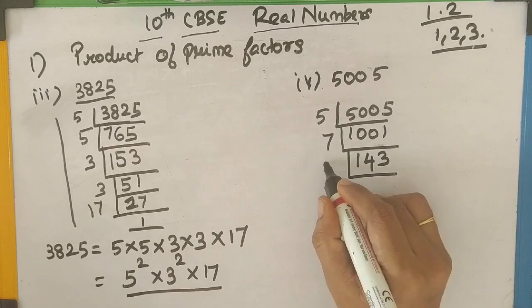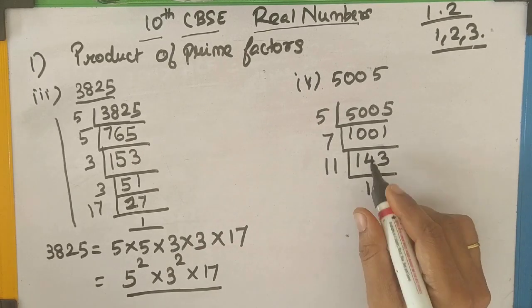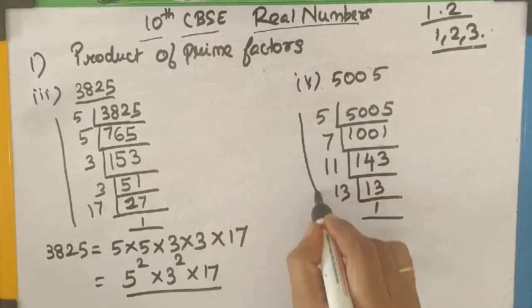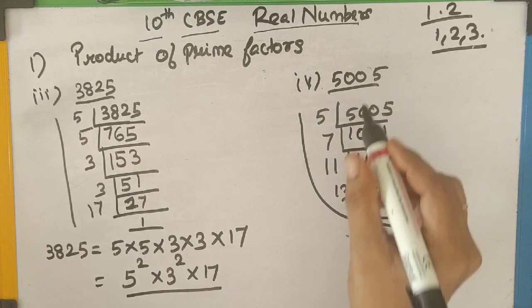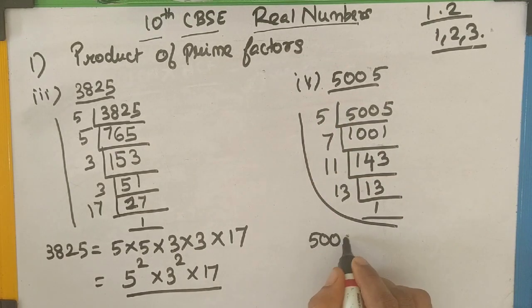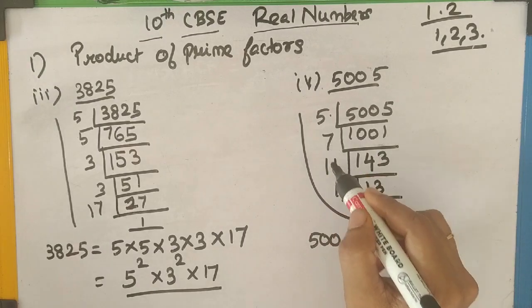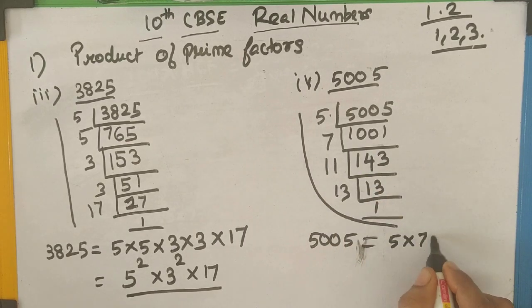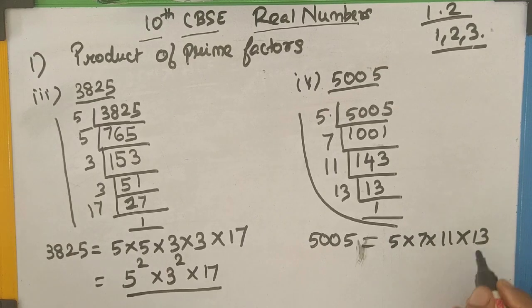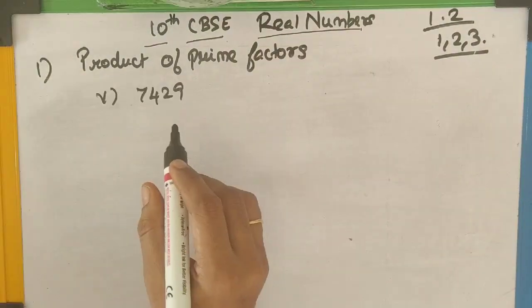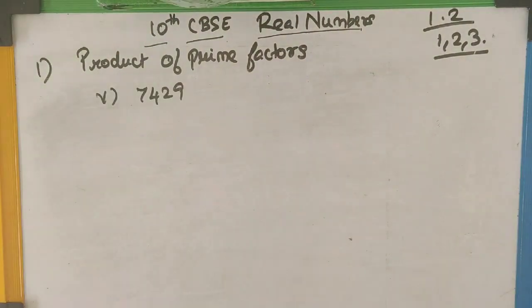This 143 is still divisible by 11. So the quotient is 13. 13 is a prime number and we have to end it with this. So these numbers are the prime factors of 5005. So 5005 is equal to 7 into 5 into 11 into 13. These are the prime factors of 5005. Are you clear? Now let's go to the fifth question.